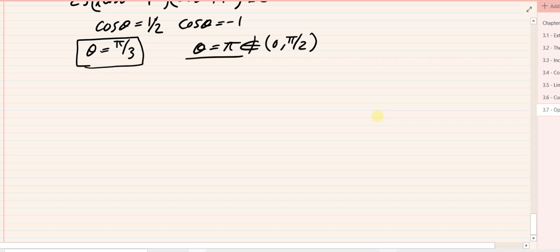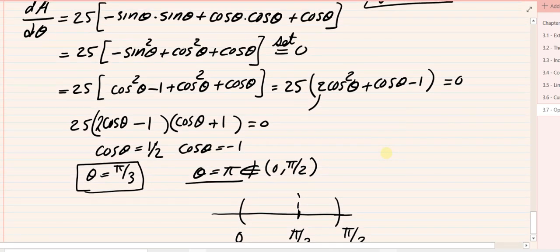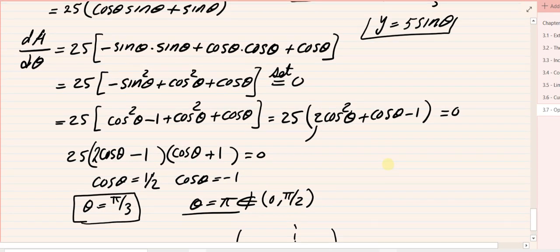So we can go through our first derivative test again. This would be 0 to pi over 2, and this is pi over 3. So we can pick a test point, and we're looking at the derivative, right? Yeah. This is our derivative.